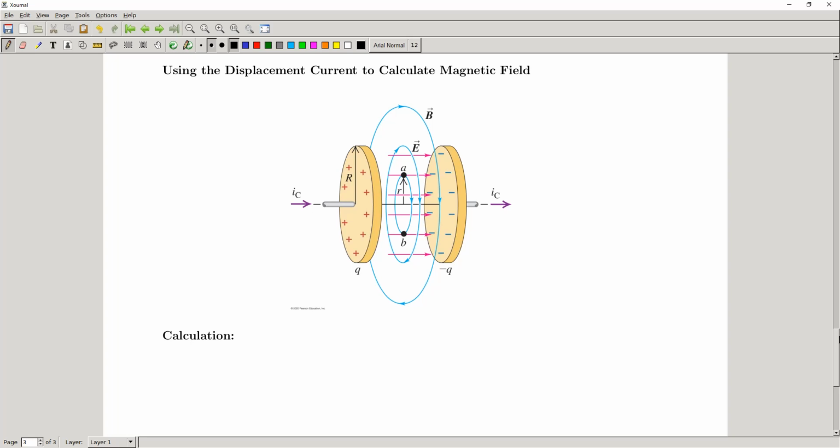Okay, so the textbook goes on to talk about the reality of displacement current. They try to enter into this discussion about whether or not displacement current is actually a real current.